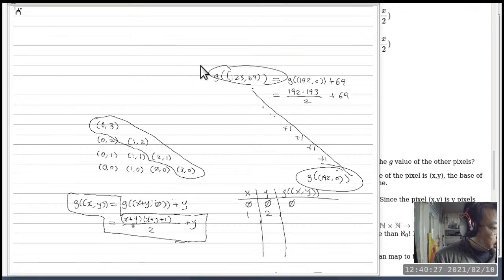So x plus y is 3, x plus y plus 1 is 4. 3 times 4 is 12. 12 divided by 2 is 6. And then 6 plus 2 is indeed 8. Cool, that seems to work. That may be a fluke.